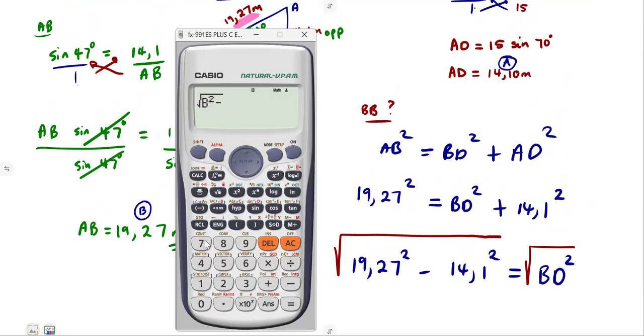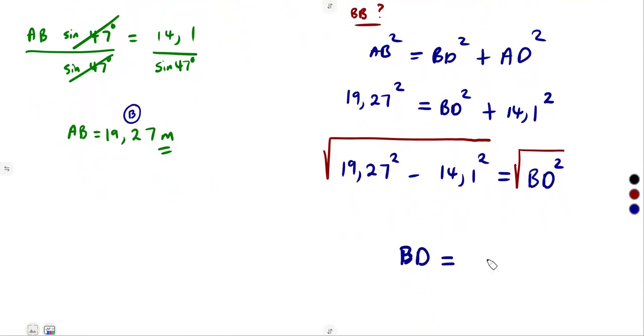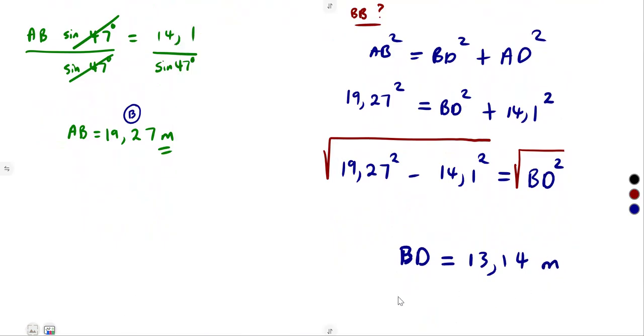So I must recall A and square it, just like that. It was going to give us 13,144 and so on, which is 13,14 to 2 decimal places. So that's the length of BD. All right, our BD was going to be 13,14 to 2 decimal places.